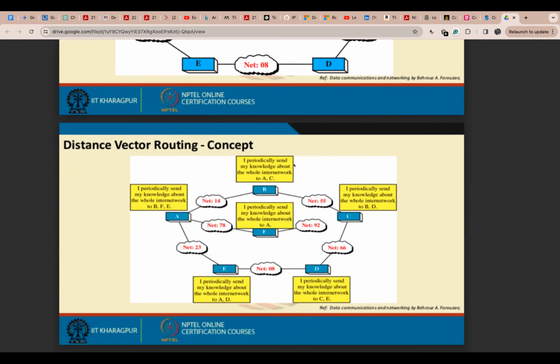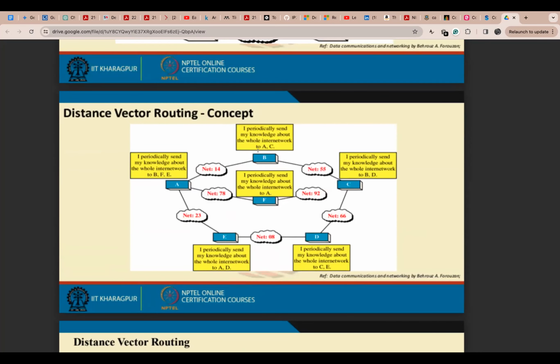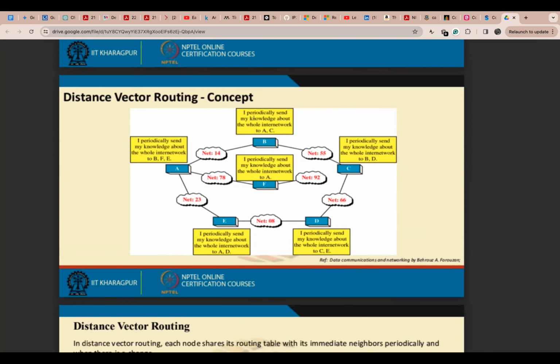What you're doing is everyone periodically sends its knowledge to the neighboring hosts. So I send my knowledge about the whole network to A and C because A and C are the immediate neighbors. Similarly, A sends the same thing to B, F, and E.